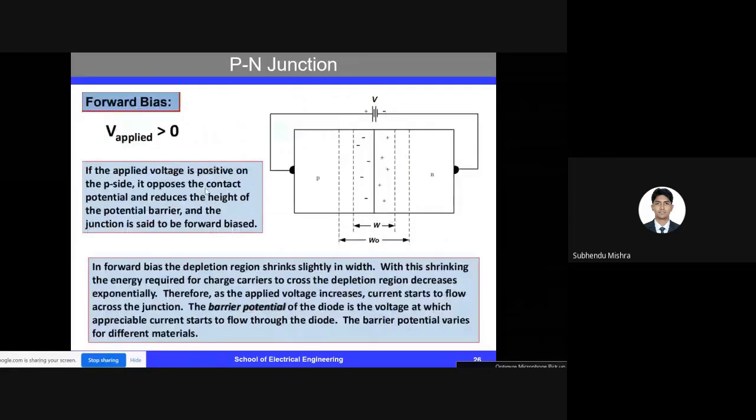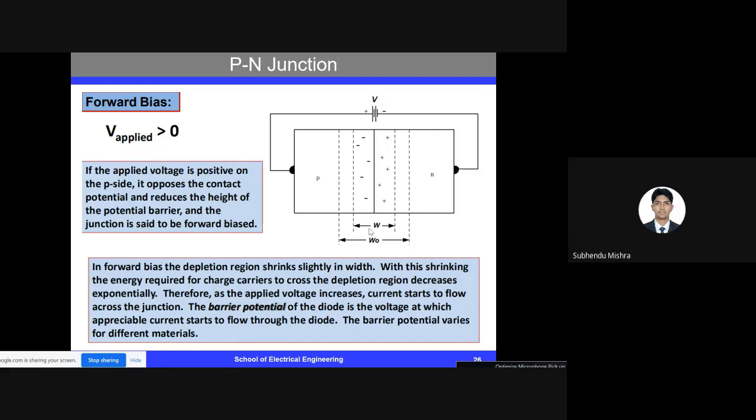So you already know that with this PN junction, if we use a forward bias, for example, if we apply a positive on the P side, the junction width is decreased, and because of that, the electrons can pass.